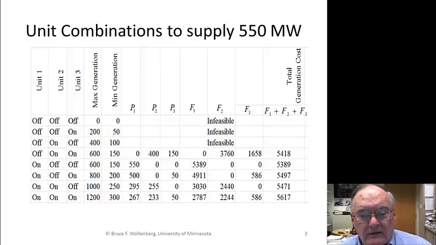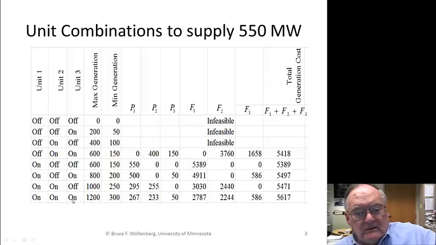So what I did was I put down all the combinations here, unit 1, 2, and 3. So I start out with all of them off, and then just number 3 on, and the other 2 off, and then number 2 on, and 3 off, and so forth. I'm just counting up to 8 in binary until I get all 3 units on.